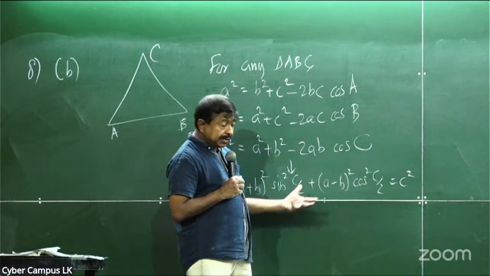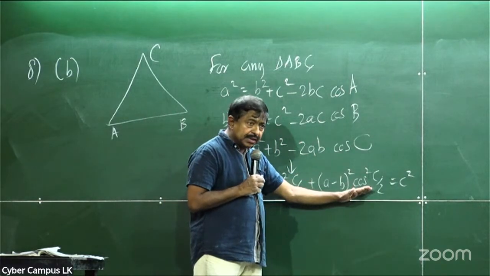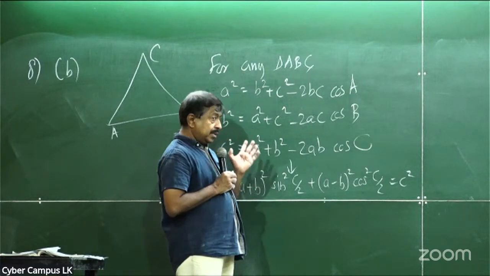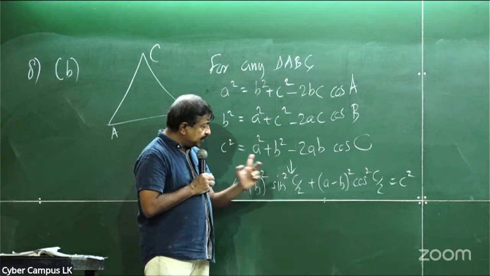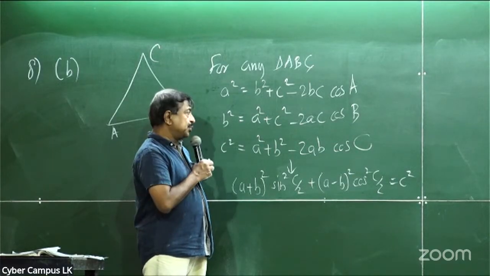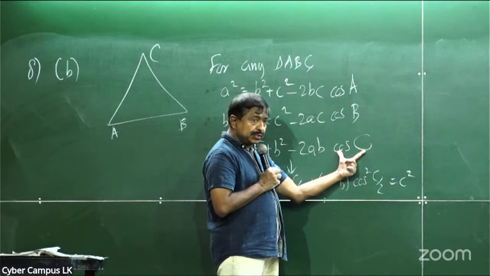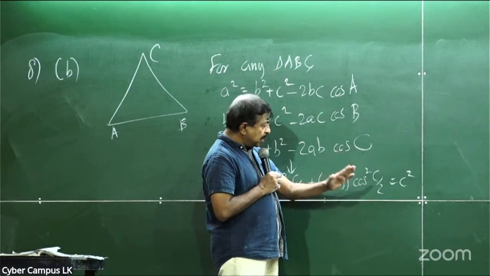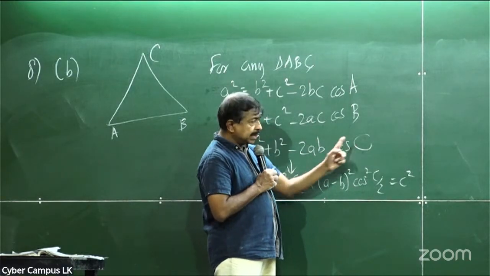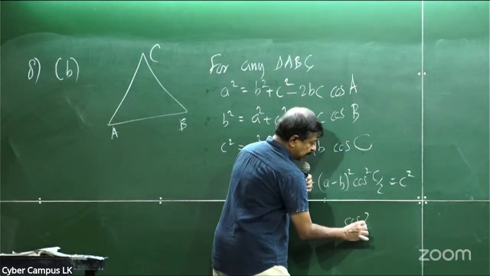So 3 of them contain sine, the other 3 contain cosine, right? And every angle is C over 2. Now, what should you do? You have to replace this by C over 2. But if you have just cosine C over 2, you know what to do. Cos 2 theta is 2 cosine squared minus 1. You can use that.